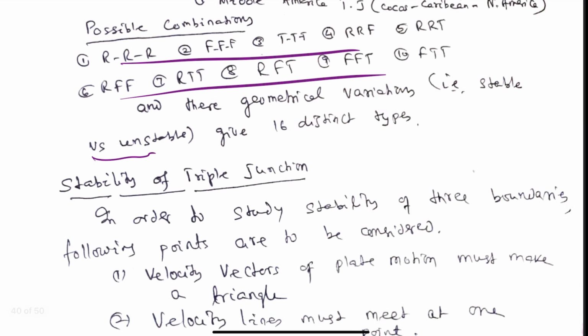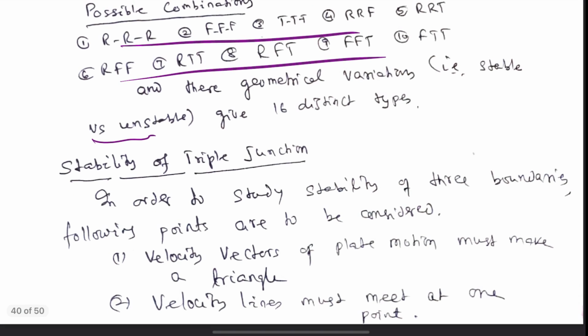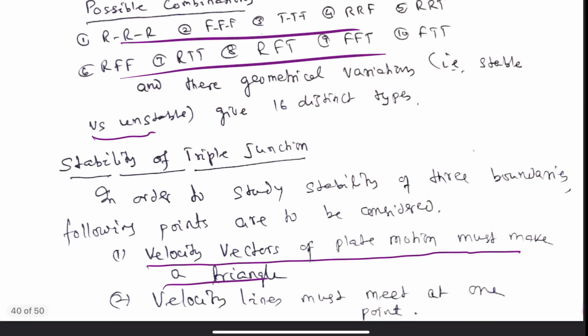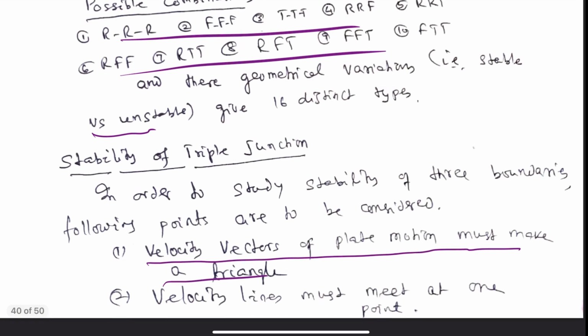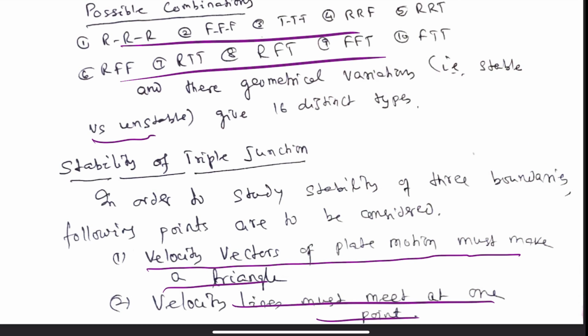In order to study the stability of the triple junction, we have to consider two factors: velocity vectors of plate motion, which must make a triangle, and the velocity lines must meet at a point. Then only can the triple junction be stable. So we have to establish the velocity vectors, drawing them to indicate the direction of plate motion, and if the velocity lines meet at one point, the junction becomes stable.